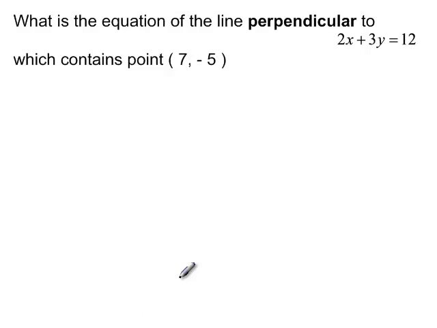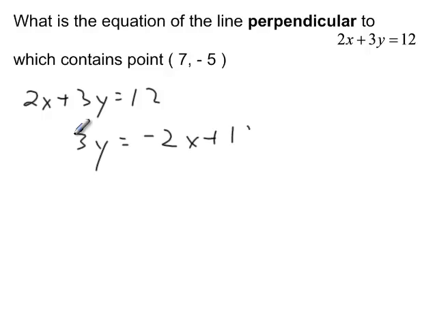Alright, what's the equation that's perpendicular to this line but contains that point? Well, the first thing you have to do is solve for y. So you get 2x plus 3y is equal to 12. Subtract the 2x from each side. Divide by 3. So you get y is equal to negative 2/3 x plus 4.